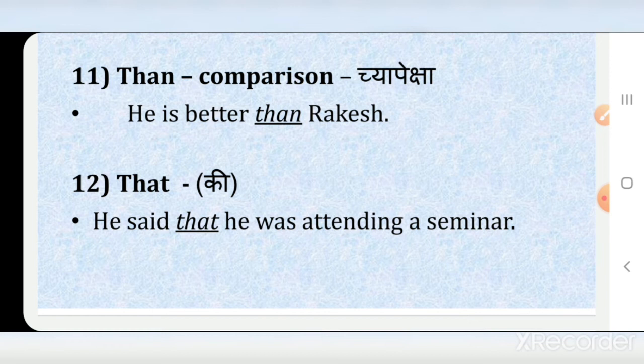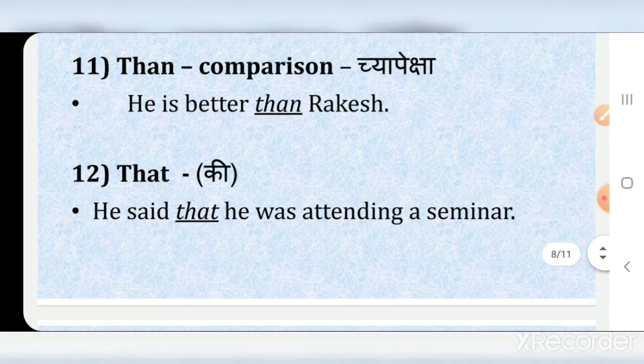So here he said that he was attending a seminar. He said that. Here you should use, if it is indirect speech, here I have mistakenly written he was attending a seminar. We should write here he said that he had been attending a seminar.